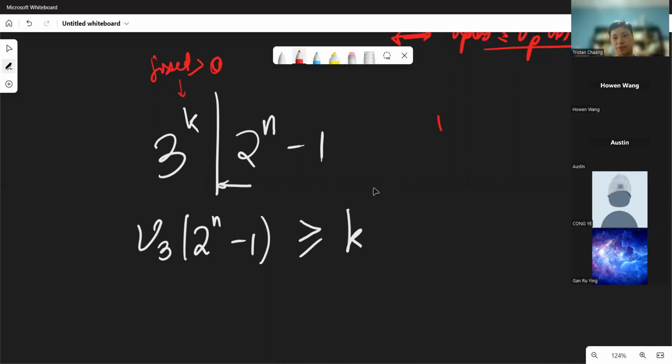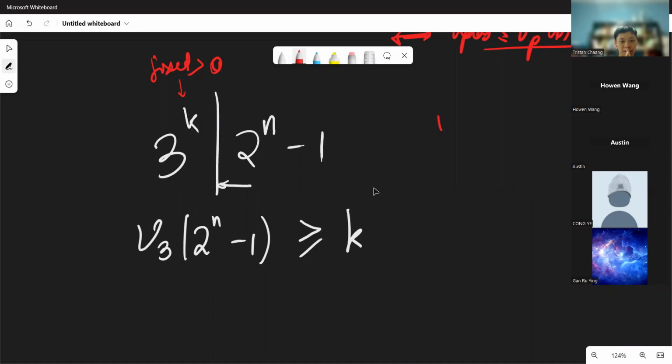Because this is kind of like 2 to the n minus 1 to the n, right? Is it allowed to use LTE? Have to make sure they have the same mod, but are they the same mod? 2 and 1, mod 3? No, right? So 2 and 1 are not the same mod 3. So you cannot directly use it.